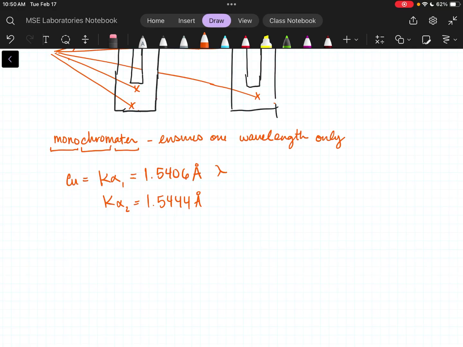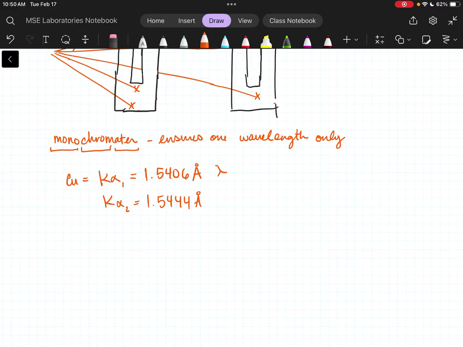K alpha 2 is 1.5444. We are talking about a difference of thousandths of an angstrom. We use angstroms to measure the size of molecules. Angstroms are so small, and we are talking thousandths of an angstrom.